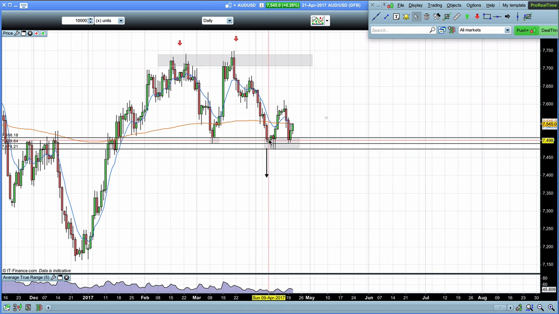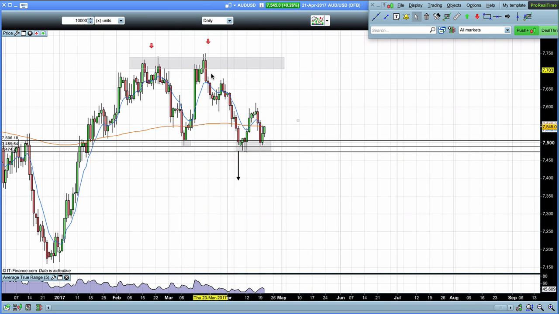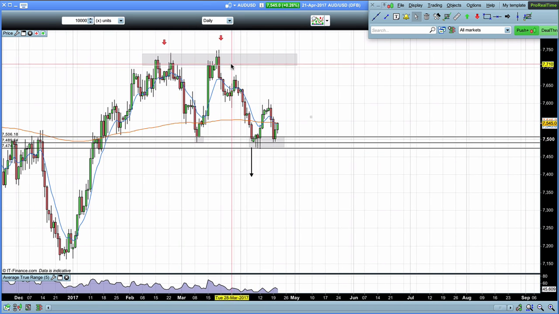Now, the reason it's important to just follow price action is because, last week when we went over this support level, I saw a comment from someone who said, why would you be looking to buy into this market? There's no point in buying into the Australian dollar, US dollar. It's clearly going down.